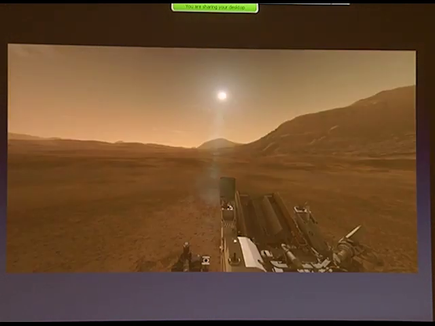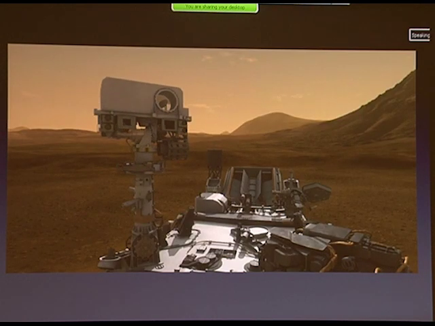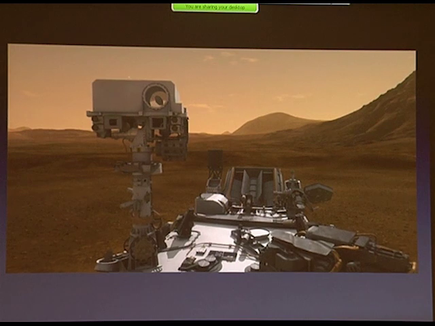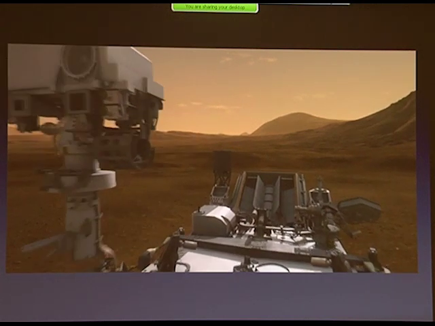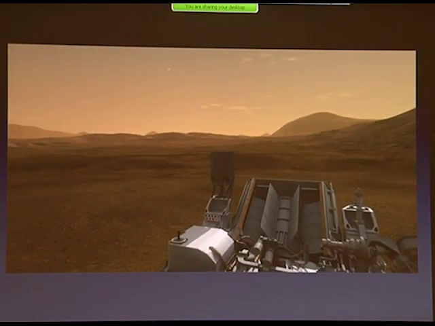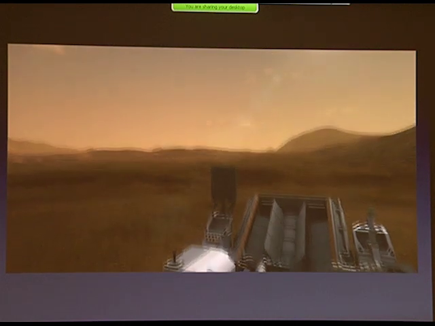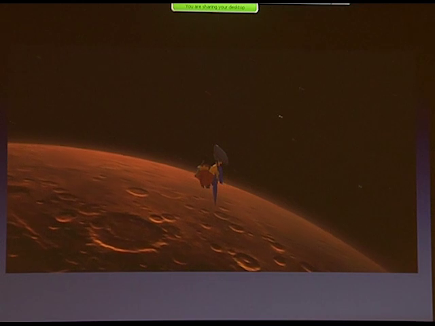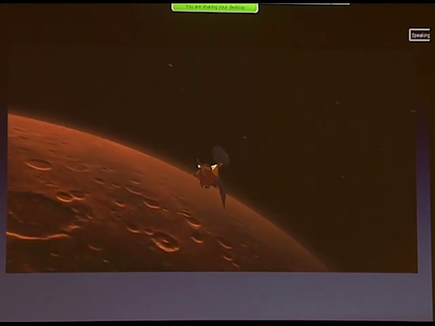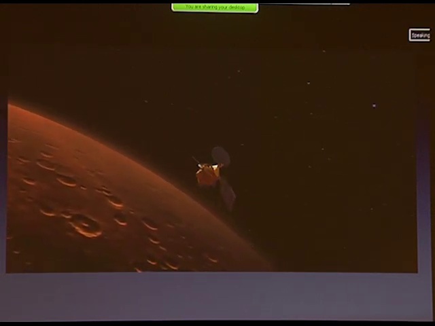What kind of power hit do we get with that? I don't know what the power draw is on the mast. There's our high gain antenna, and an MRO or Odyssey, I don't know which one that is. One of our orbiting assets.